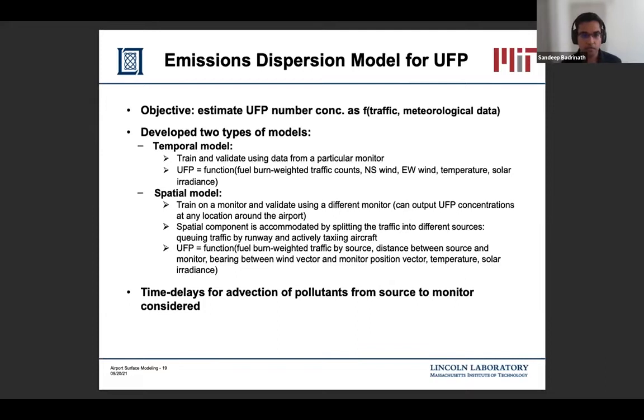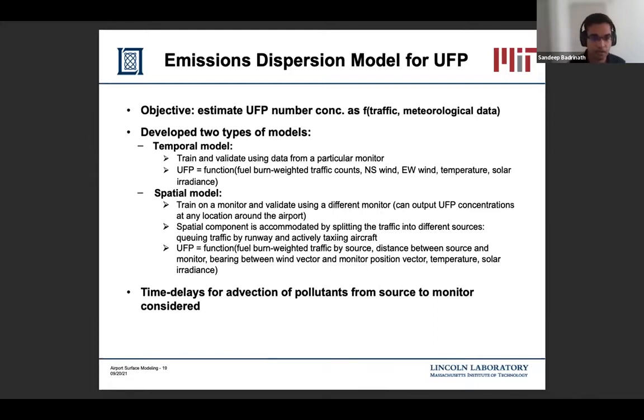In the temporal model, we try to estimate the ultrafine particle concentration at a particular sensor using training data from the same sensor. That is, we model the concentration as a function of traffic counts weighted by the fuel burn index of the aircraft, the wind, temperature, and other meteorological data.